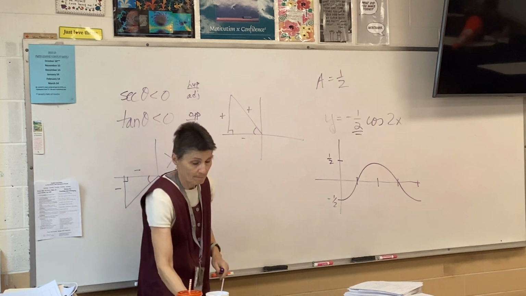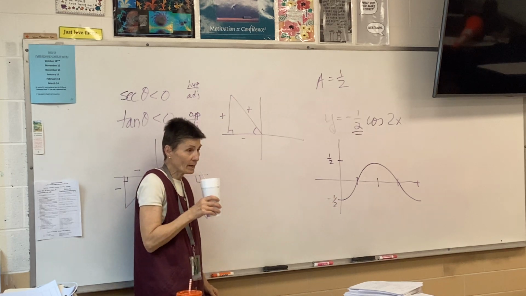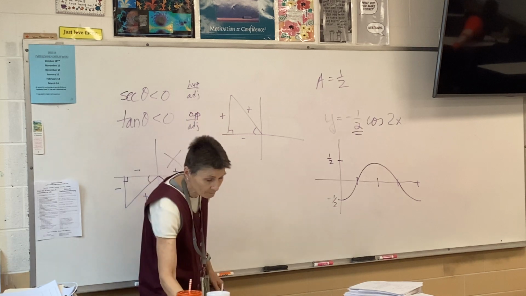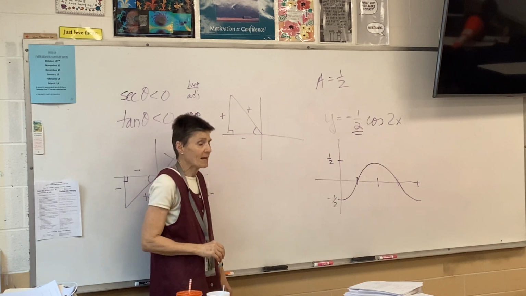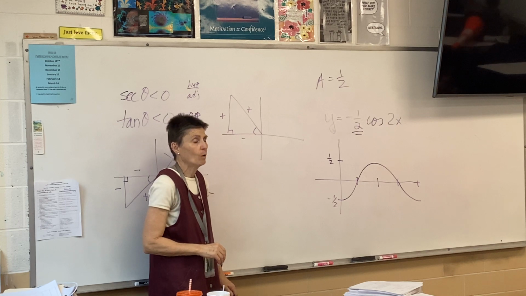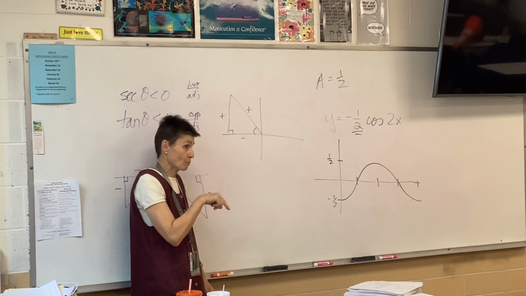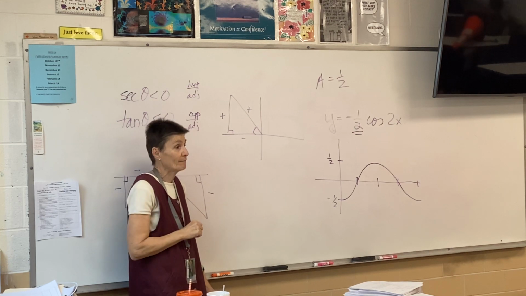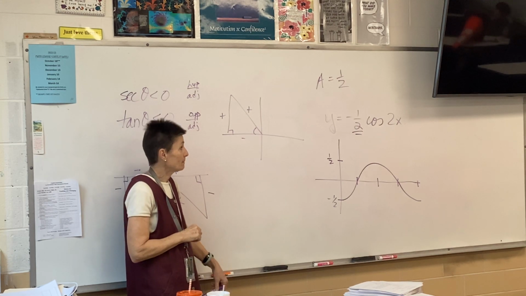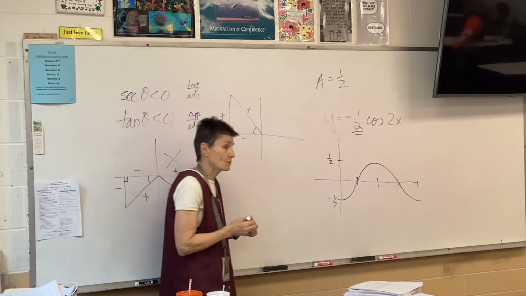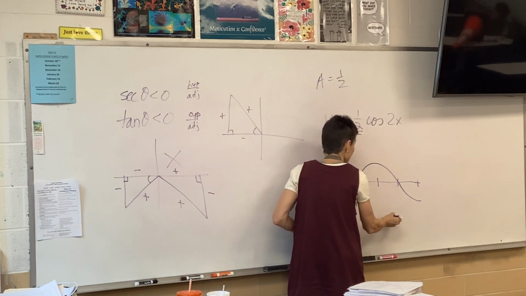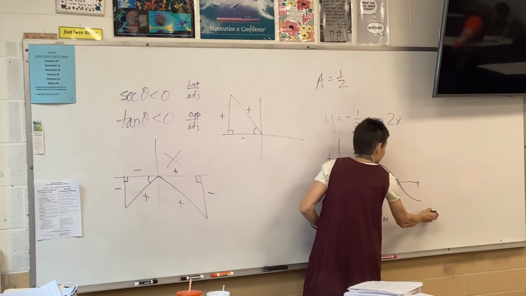Now notice, is that height -1/2? Is height negative? No. Negative is the direction, but the amplitude is positive 1/2. Okay? How about these other labels? We know what they're supposed to be, don't we?